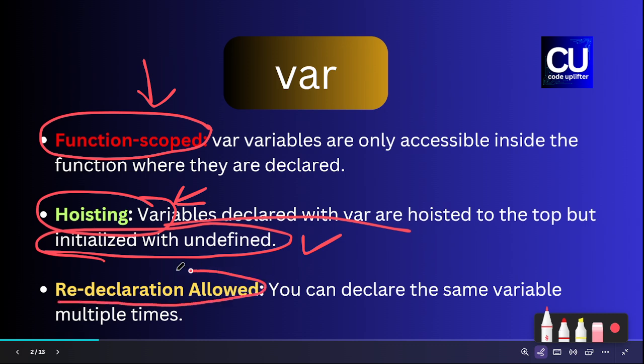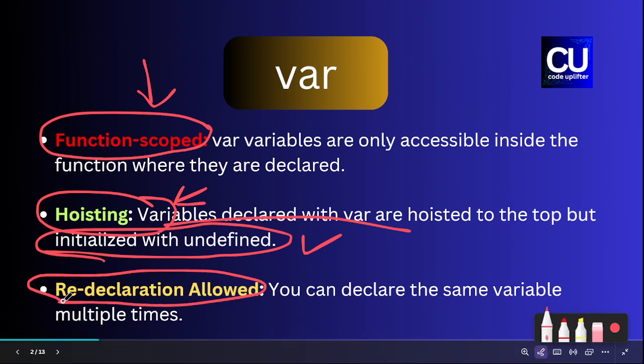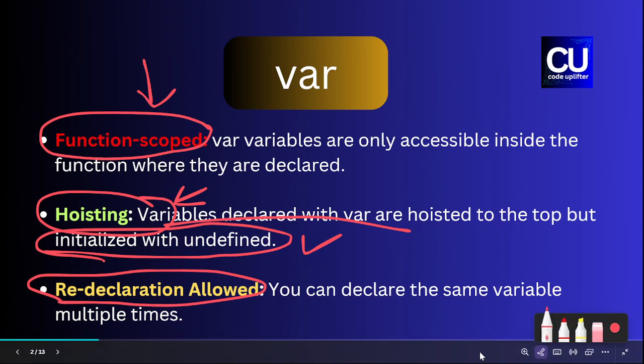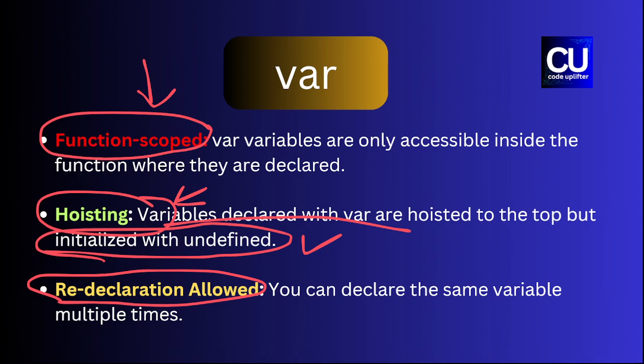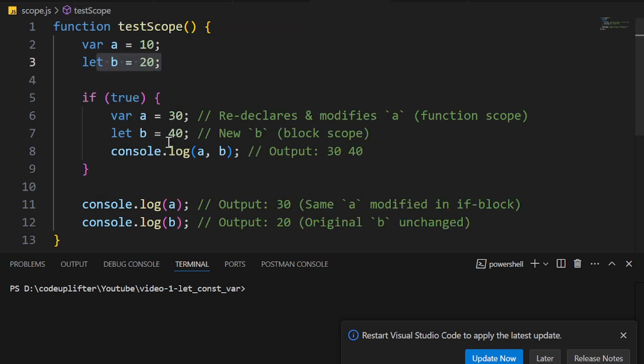Redeclaration is allowed. In that example in VS Code, we saw that we are redeclaring that variable inside the if condition. Let me quickly show it here. You can see in line number 2 we have written var equals 10, and in line number 6 we are rewriting var equals 30.